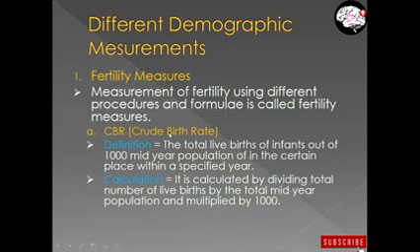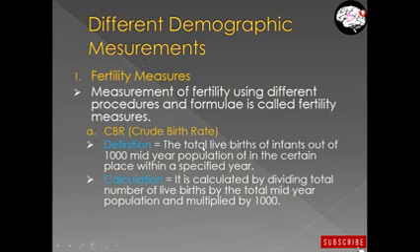You can see, the total live births of infants out of 1000 mid-year population in a certain place within a specified year is called crude birth rate. So here you have to understand total live birth.